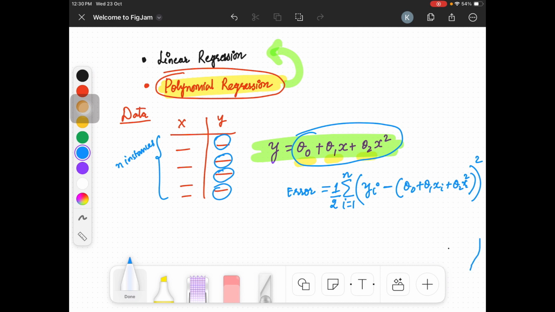So that is the idea of the error term. This is the error term you have.